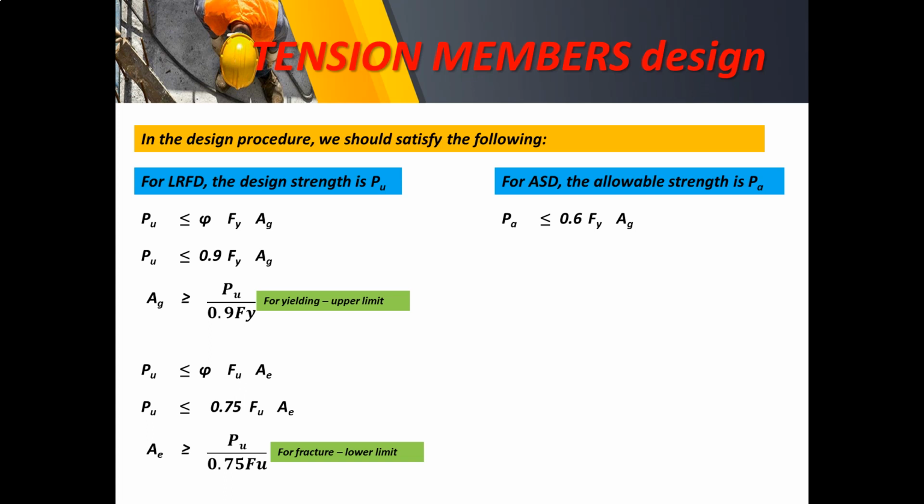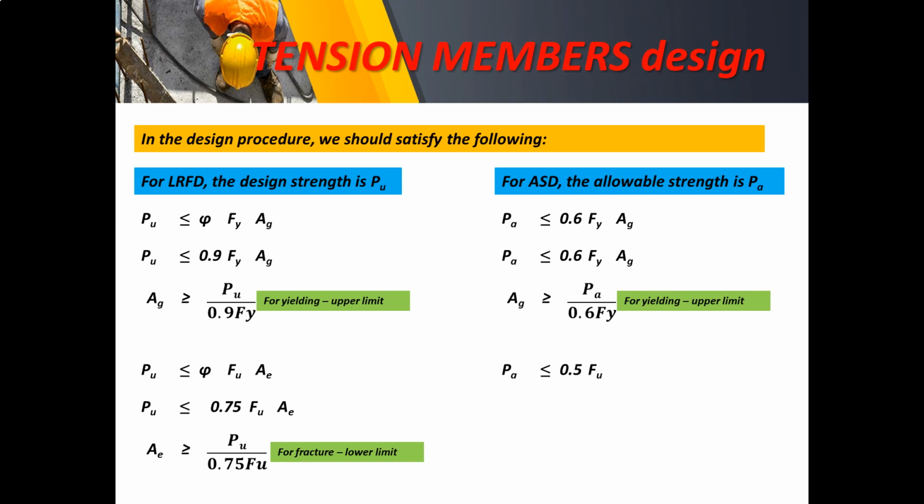This time the factor will be 0.6, derived from the reciprocal of omega, which is equal to 1.667. So Ag required should be greater than or equal to the allowable load Pa over 0.6 Fy. For yielding, this is the upper limit.